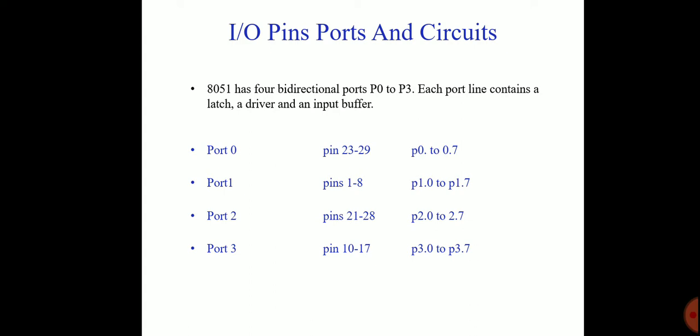Port 0 uses pins 32 to 39, that is P0.0 to P0.7, and then port 1 uses pins 1 to 8, that is P1.0 to P1.7, and then port 2 uses pins 21 to 28, P2.0 to P2.7, and then port 3 uses pins 10 to 17, P3.0 to P3.7. Port 0 is an 8-bit open collector bidirectional input-output port.